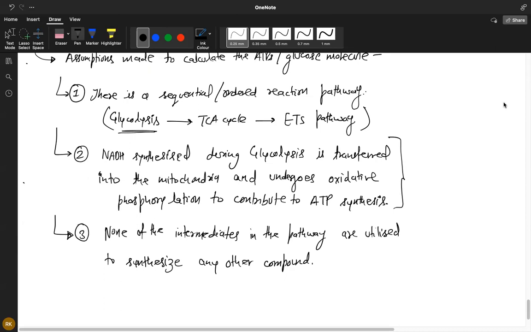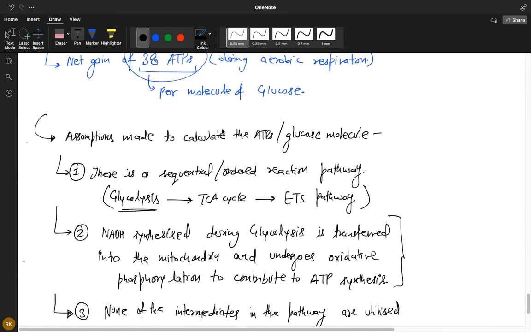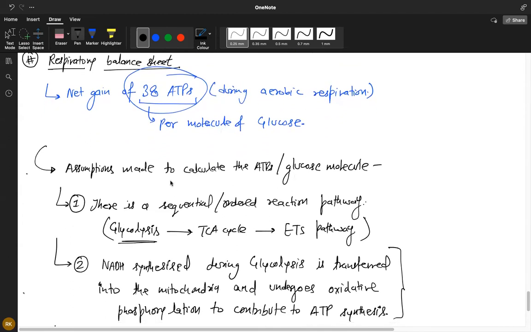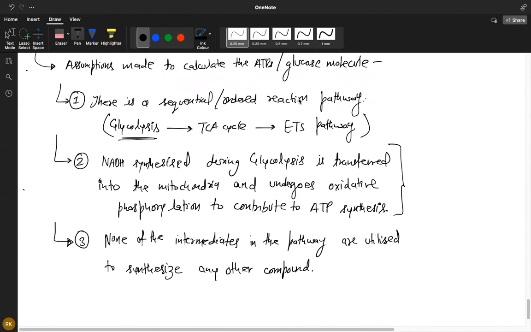Okay, so we were discussing the respiratory balance sheet, Devangi and Waziha, that we get 38 ATPs per molecule of glucose during aerobic respiration. And we were discussing how we reached this number, because it's not like in our body every glucose molecule is oxidized one after the other.